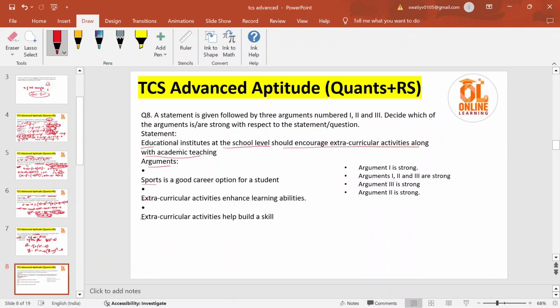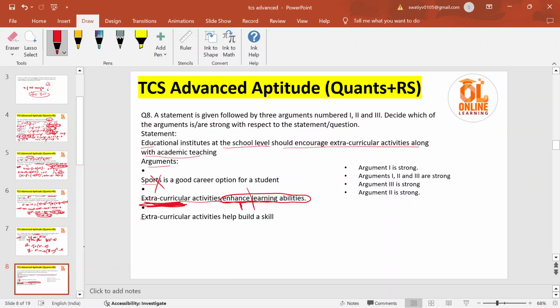Now we will see argument number 2: extracurricular activities enhance learning abilities. See, this argument is telling you why you should encourage extracurricular activity, because it enhances something.